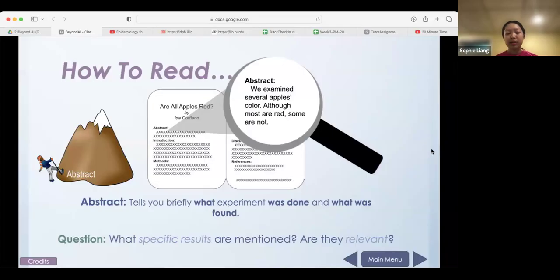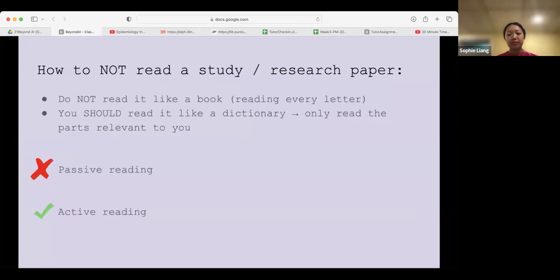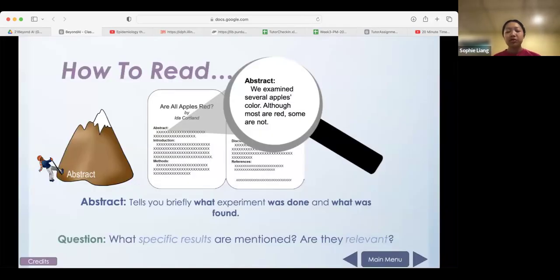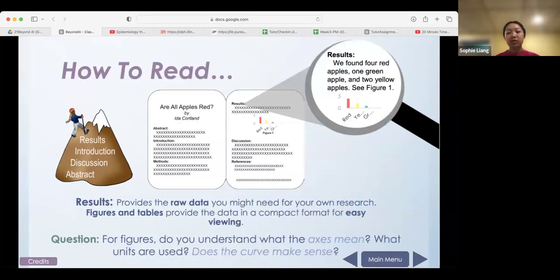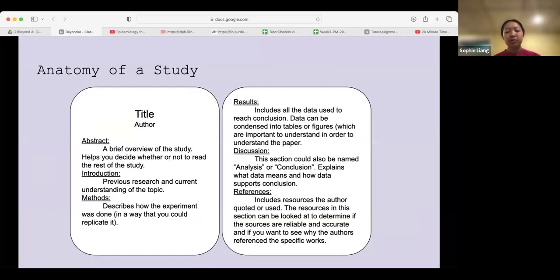Okay, now let's get into some more specifics of the different parts. So the structure of a study usually looks like this. You first have the title of the study, and then the author or authors, usually more than one.